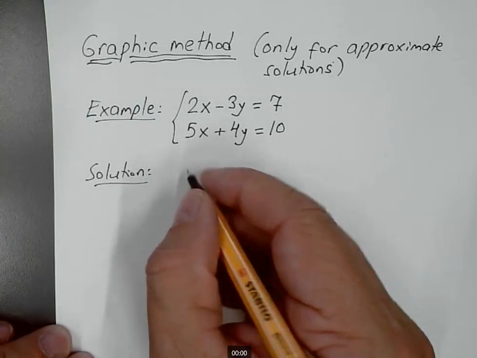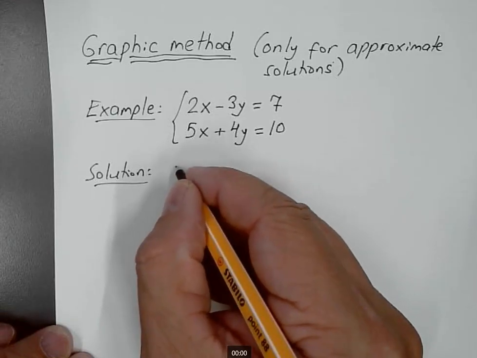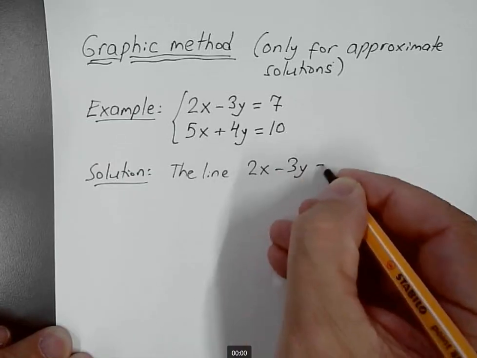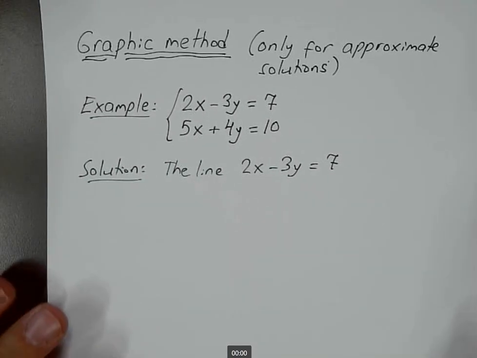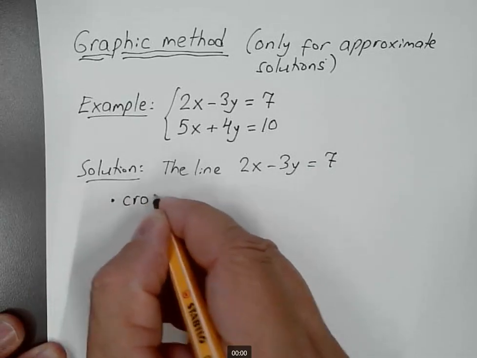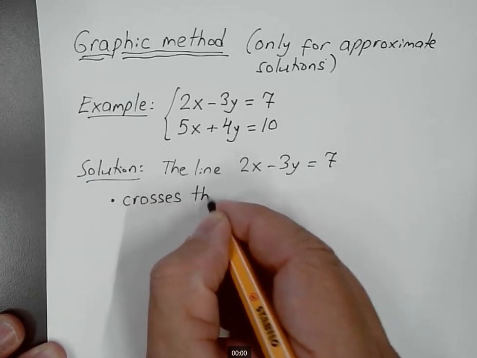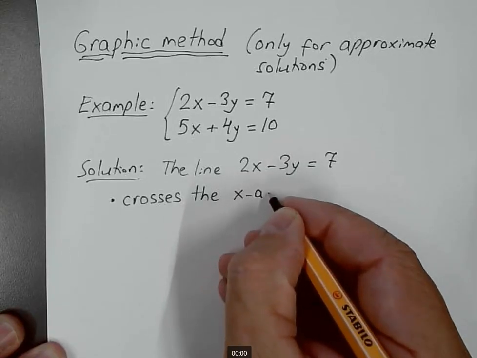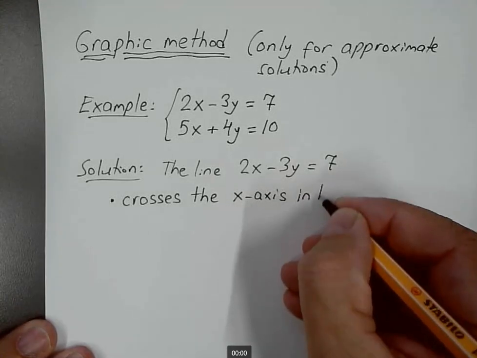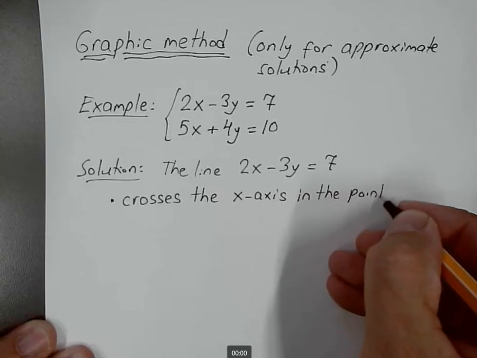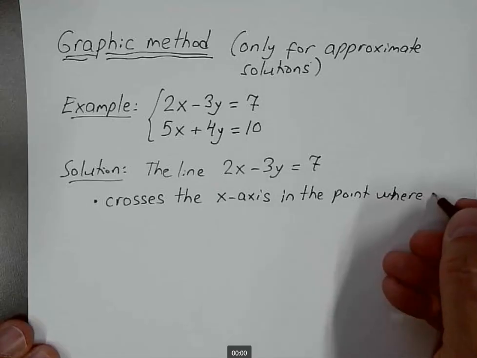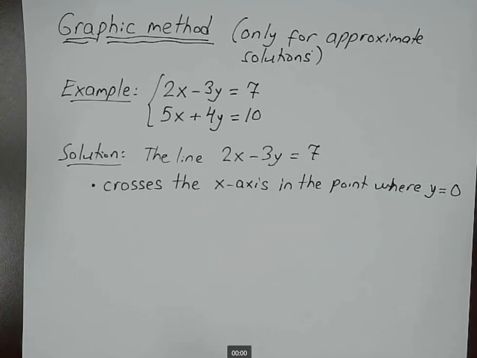So the first line crosses the x-axis in the point where y equals 0.